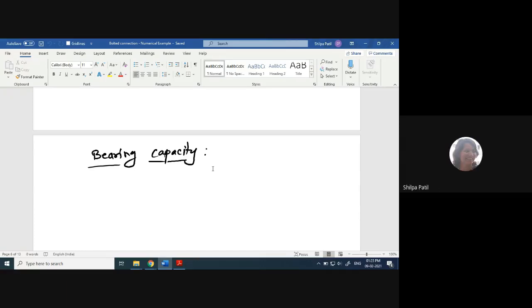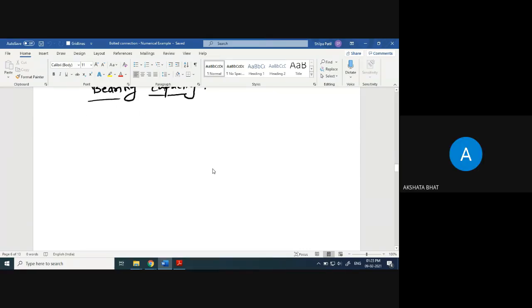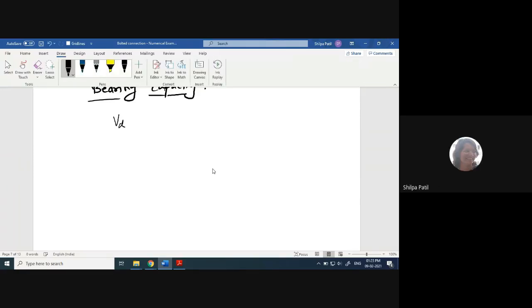Let me write down first the VDPB, VNPB divided by gamma MB. And what is the formula of VNPB? 2.5 kb into d into t into fu.